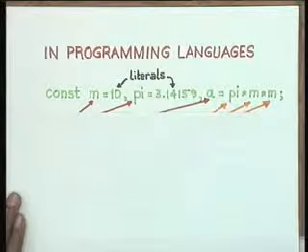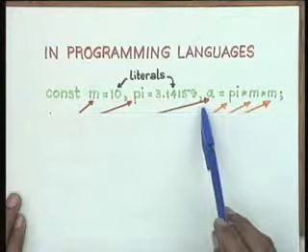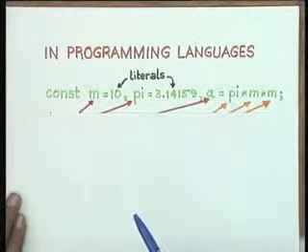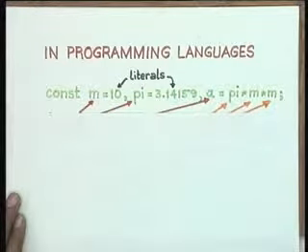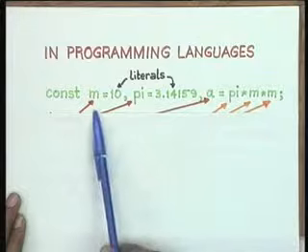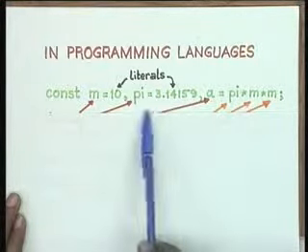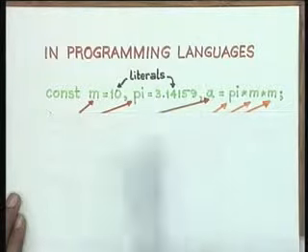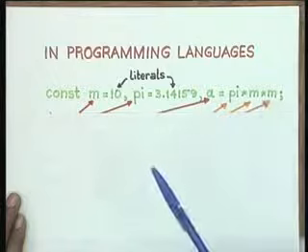So here's a constant declaration in a language like Pascal, though I've used commas, so you could equally well take it as a language PL0. So m equals 10, m is a constant, 10 is a literal, pi equals 3.14159, a equals pi star m star m.